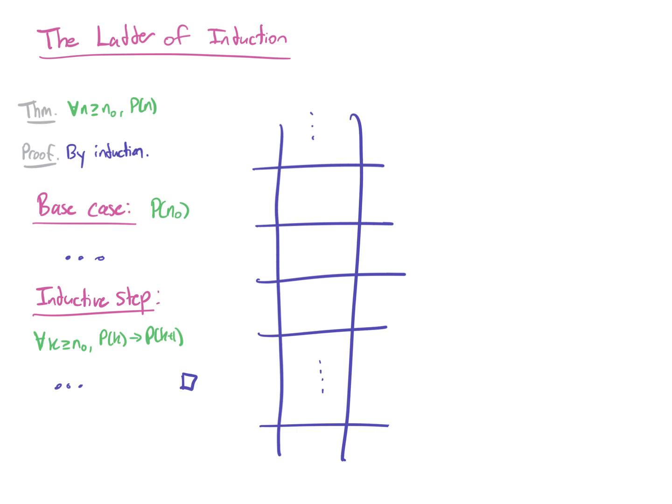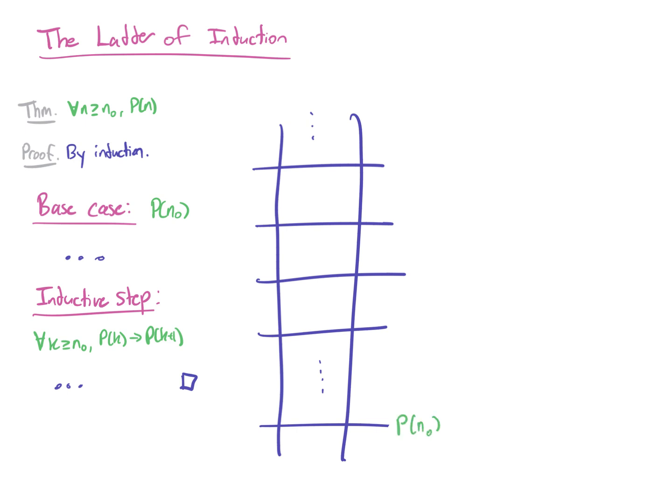Personally, I like to visualize induction as a ladder that I'm climbing. Suppose I want to prove a theorem of the kind that induction is suitable for: for all n greater than or equal to n naught, some statement P of n is true. I'm going to prove it by induction. I have a base case and an inductive step. When I visualize induction as a ladder, I visualize the first rung, the one closest to the ground.